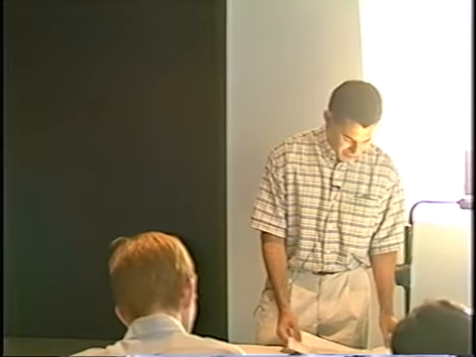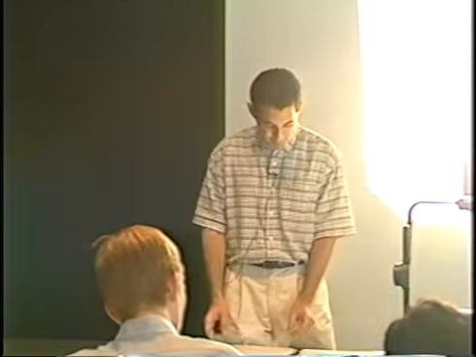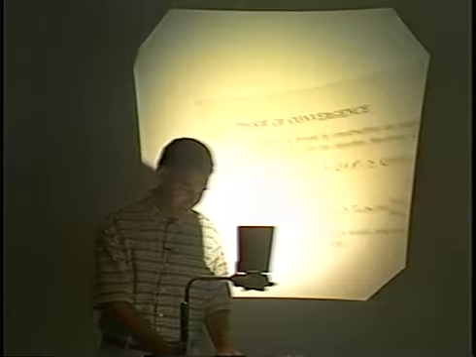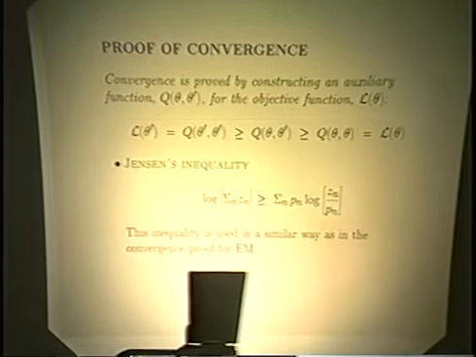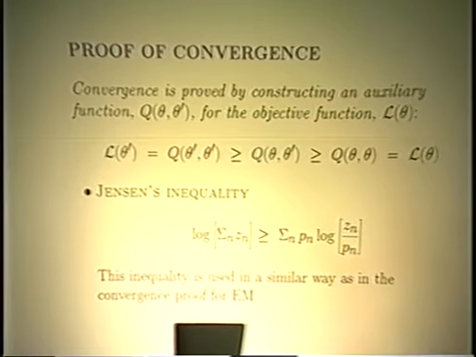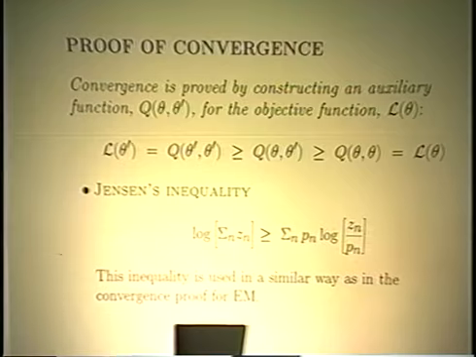Now I'm not going to get into details of the proofs of convergence, not because they're tricky at all, but there are basically three bounds, or inequalities, that one uses to prove the convergence of this method. And the basic idea for proving convergence is the same as the EM algorithm. You're going to try to construct an auxiliary function. The original objective function is a function of the parameters.